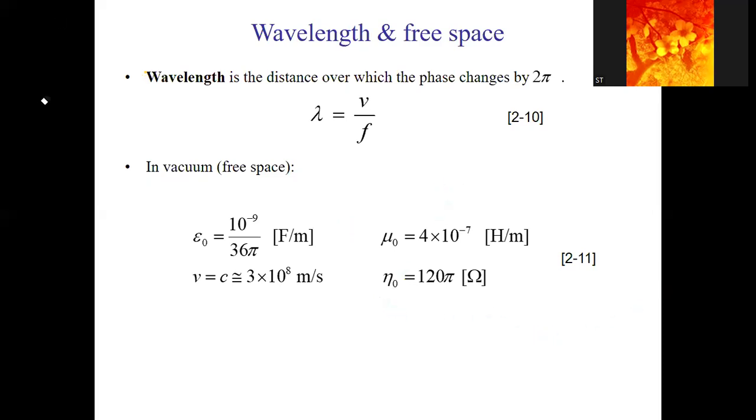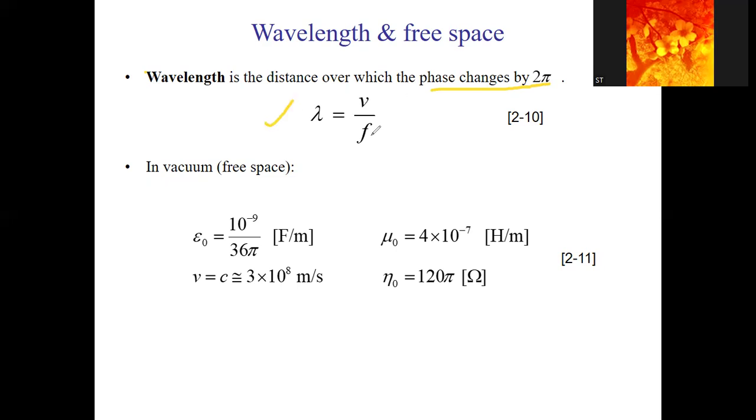Now we will discuss the wavelength. So what is wavelength? Wavelength is the distance over which the phase changes by 2 pi. So if we have to calculate the wavelength, what will be the formula?